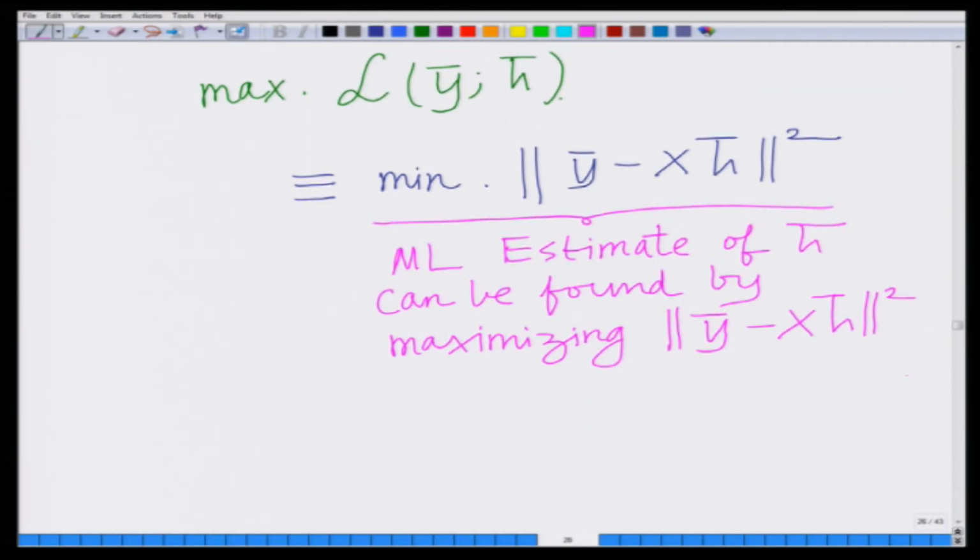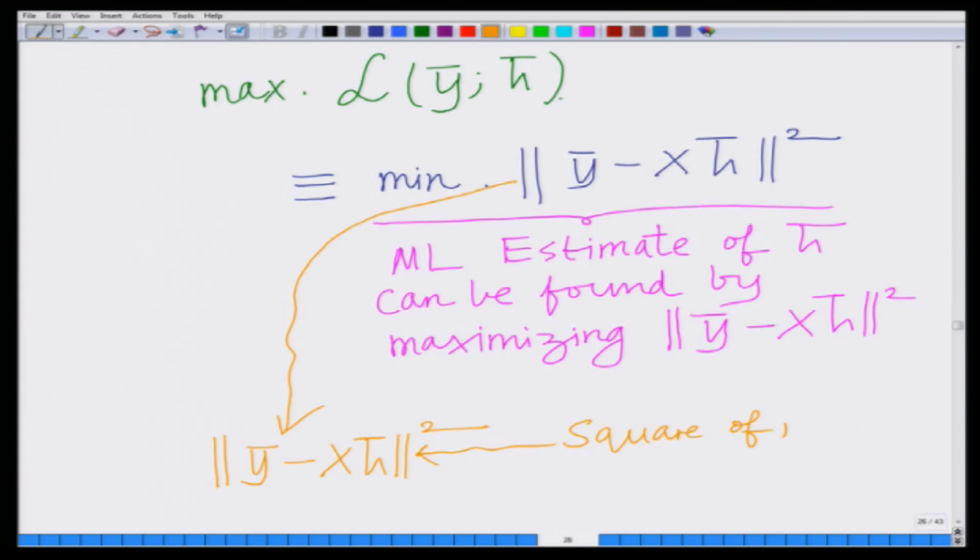Okay. And if you look at this quantity here, norm of y bar minus x h bar whole square, that is basically the square of the norm of the error y bar minus x h bar.